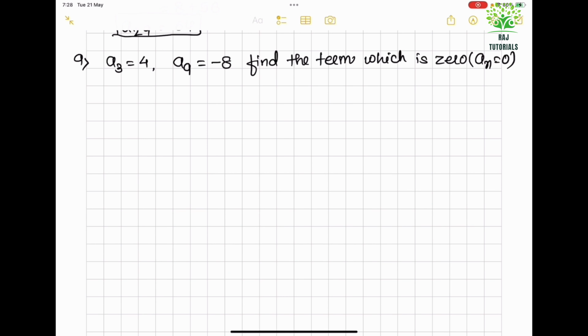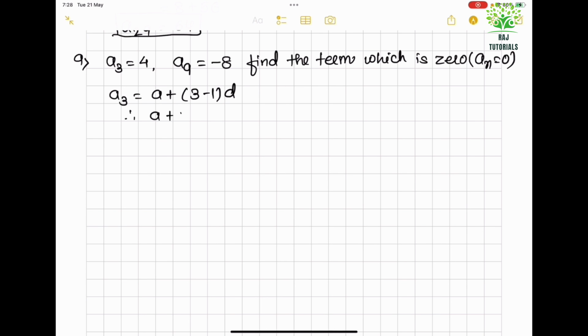Now in the ninth question I am given A3, that is third term of an AP is 4 and ninth term is minus 8. To find the term which is 0. So using again the formula, A3 will be A plus 3 minus 1D.